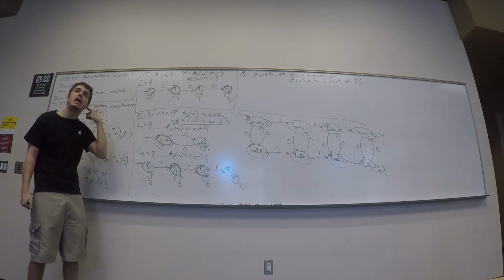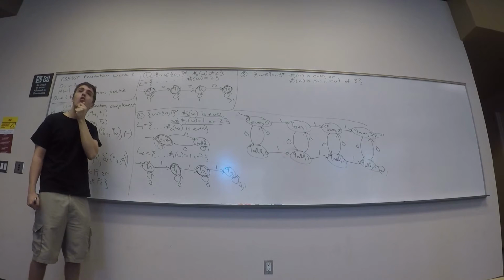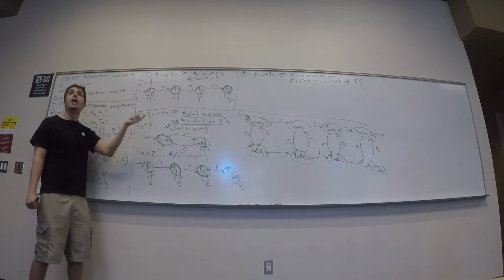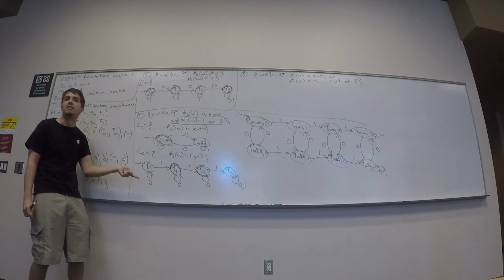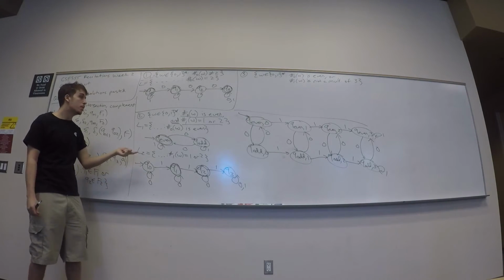So how do I find out what the final states are going to be of this machine? Well, that corresponds to being in a final state of the first machine and a final state of the second machine. Well, how do I find what those are? You check the first machine versus the second machine.